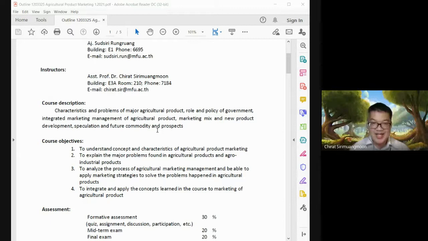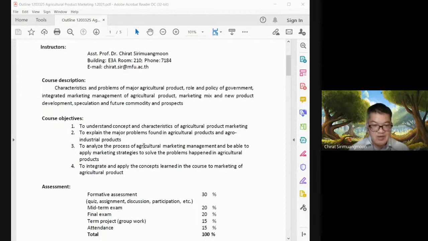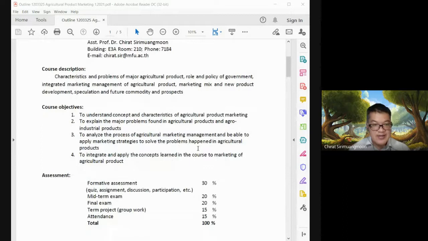So this course covers the fundamentals and also the applications focused on agricultural products. What are the course objectives? After you finish this course, you need to understand the concept and characteristics of agricultural products marketing. Then you will be able to explain the major problems that happen in agricultural products and agro-industrial products.